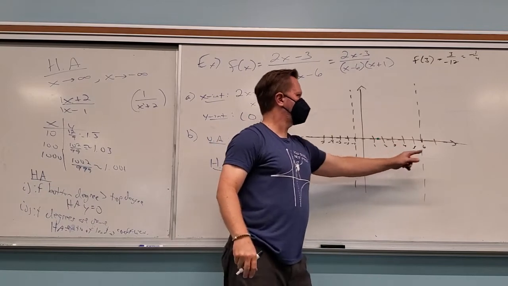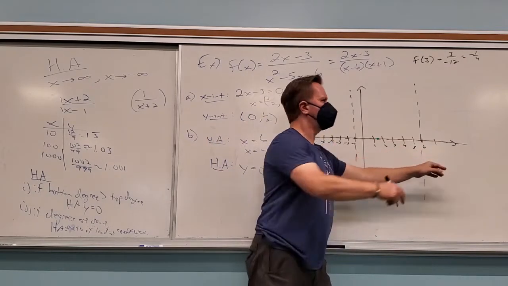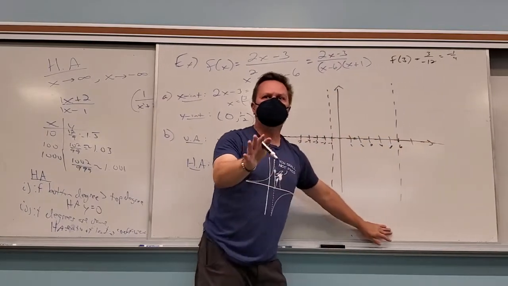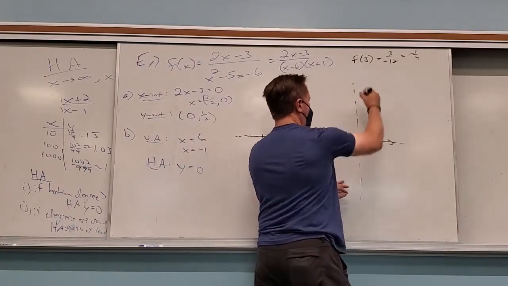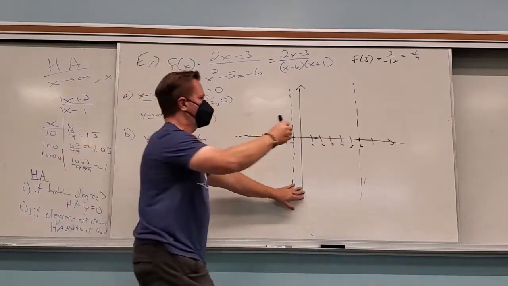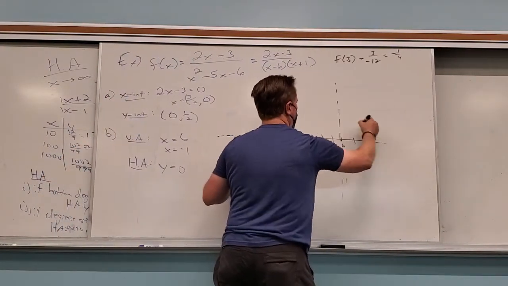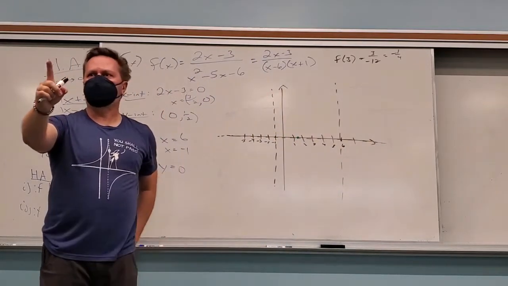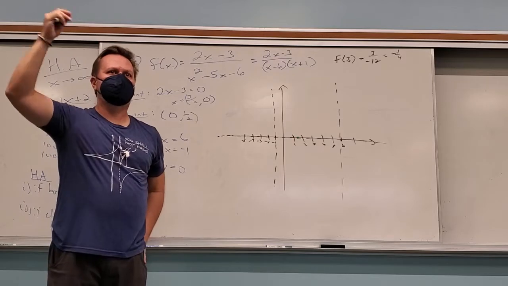What about over here? Do you see the walls? There's a wall here and a wall here. Can you see that it's either this or that? It could either do this or this. I just have to figure out one function value and I know which side it's on.